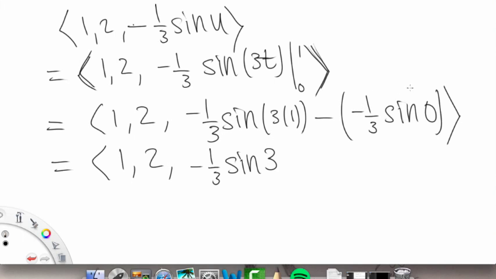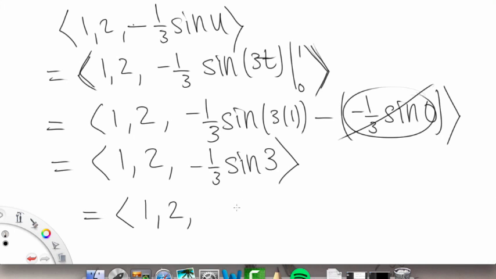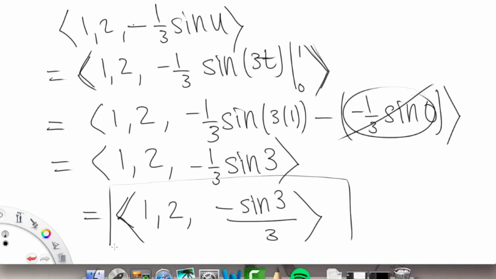Sine of 0 is just 0, so that goes away, and this is what we're left with. So this is the answer. You can also rewrite it as negative sine 3 over 3. This is our answer for the integral that we were given to evaluate.